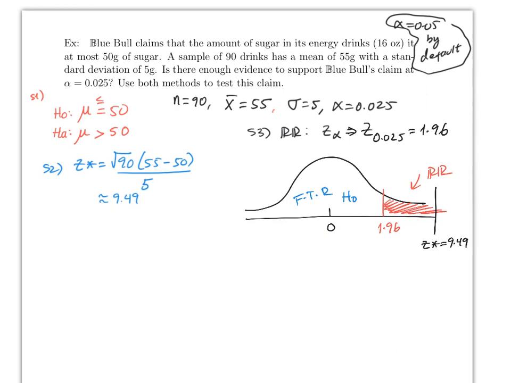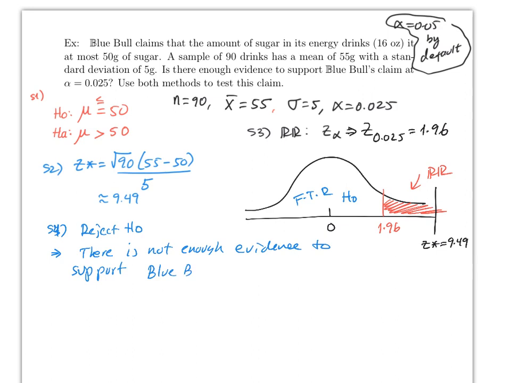So therefore the conclusion is going to be reject H0, and the explanation is that there is not enough evidence to support Blue Bull's claim that the amount of sugar is at most 50 grams.